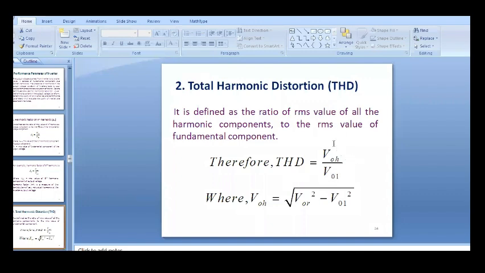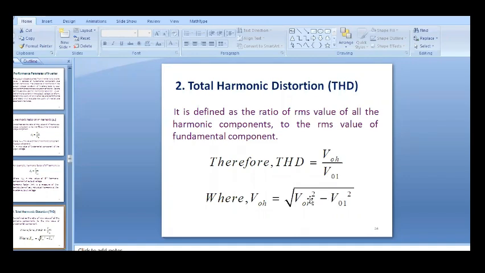Now the question is how you get the RMS value of all harmonic components? VOH equal to square root of VO square minus V01 square. Here V01 is the RMS value of the fundamental component, and VO is the RMS value of inverter output voltage, including the fundamental plus all harmonics.